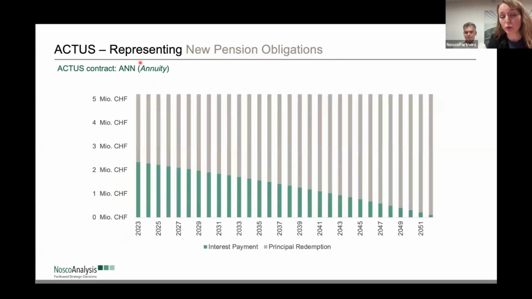That's why we make use of a different type of contract to mimic the people who will become pensioners later on, and we use the annuity. Here with this contract, we can at any point in time settle the level of the retirement payments, and we can also define how long the person will spend during the retirement age.